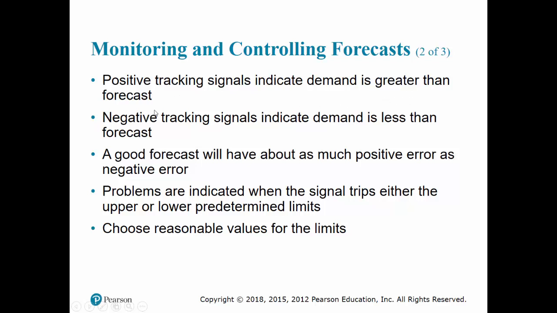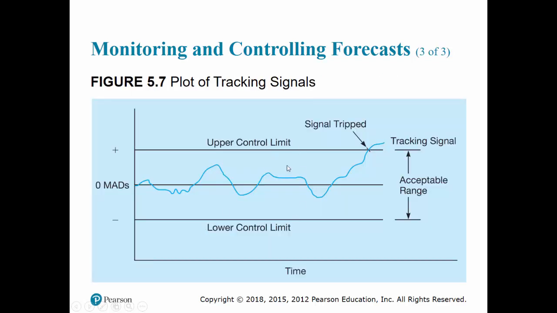Negative means you're over forecasting, so the demand is less. A good forecast has as many positive errors as negative errors. That's key. And the limits that you choose are a reasonable value, plus or minus 2, if you want to be really careful.